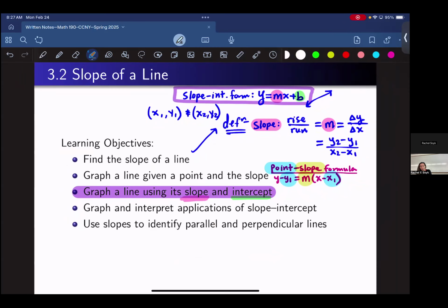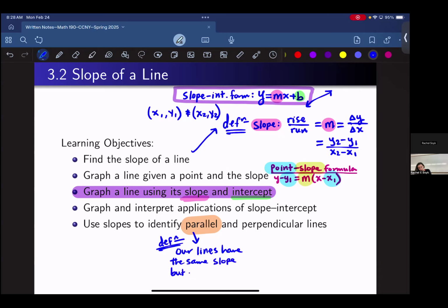When we're dealing with parallel lines, we want to make sure that the lines have the same slope, but different y-intercepts. So this is a definition. Our lines have the same slope, but a different y-intercept.